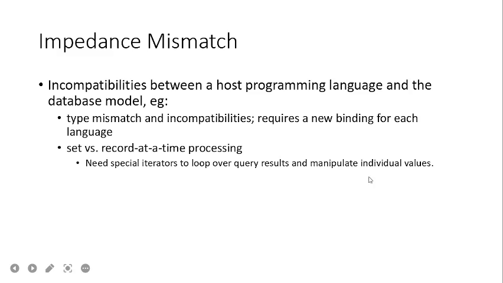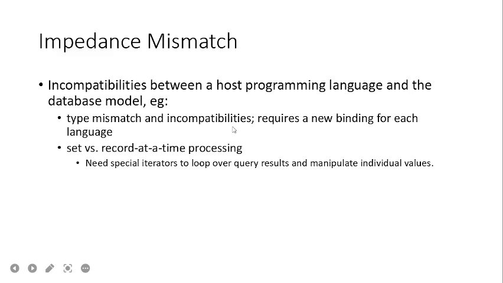So a mechanism is needed to loop over the tuples in a query result in order to access a single tuple at a time and to extract individual values from the tuple. The extracted attribute values are typically copied to appropriate programming language variables for further processing by the program.